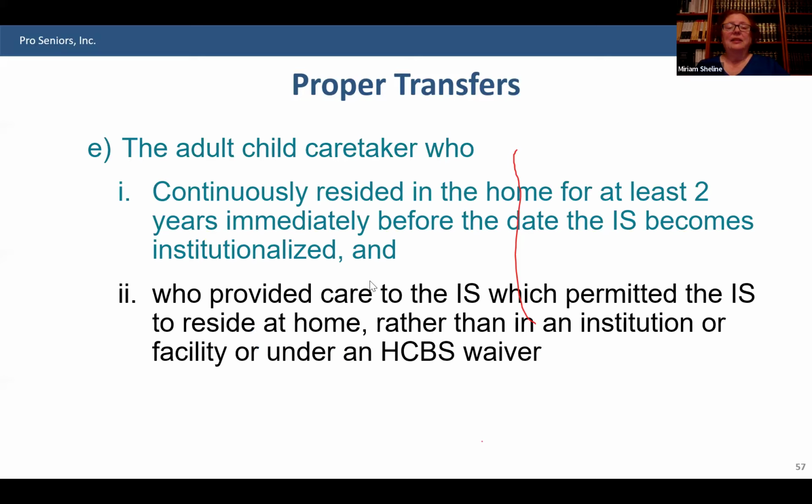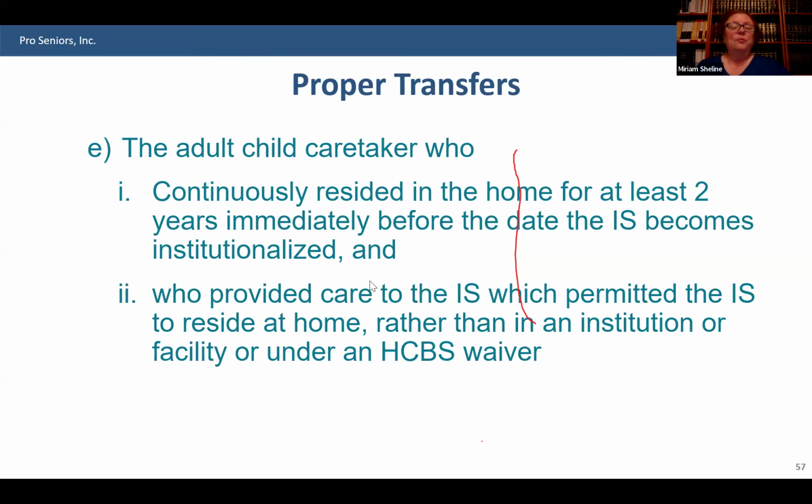And the caretaker child had to provide care to the Medicaid recipient to a high level of care, such that it permitted the institutionalized spouse to reside at the home rather than in an institution or under a waiver program.